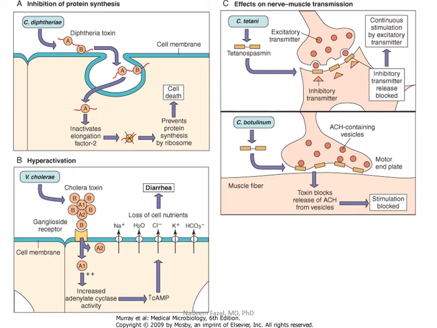If you look at Vibrio cholera, it also has a toxin, but this toxin is different. It attaches to the ganglioside receptor on intestinal cells and is then taken in, and the way it works is that it increases adenylate cyclase activity. So this toxin causes an increase in cyclic AMP, and that causes loss of electrolytes.